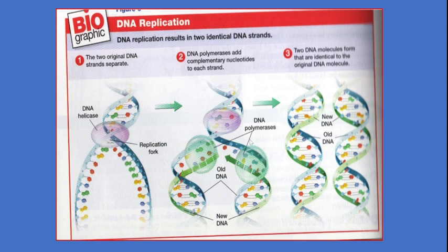So our DNA polymerase is going to work with our new DNA to bring it in and wrap around to create two DNA molecules instead of one. So we have our new DNA and our old DNA, which are paired together to make two identical DNA molecules to the original DNA molecule.